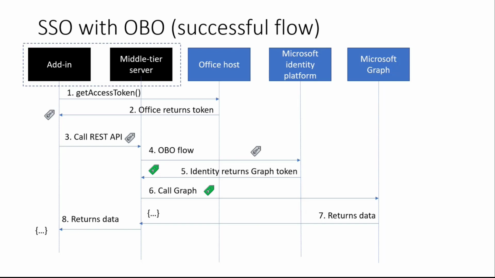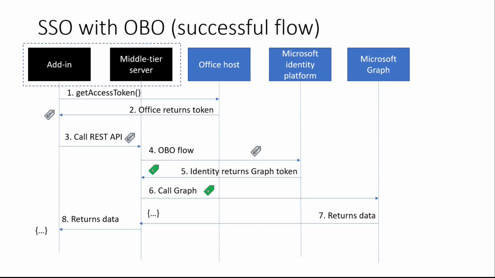So when you're doing SSO with the on-behalf-of flow, because your goal is to call Microsoft Graph services, there are several different players in this flow. The black boxes on this slide are showing the parts that you would code. The task pane add-in is your JavaScript and the task pane that gets displayed. Then you have a middle tier server, which has REST APIs that your add-in is going to call.